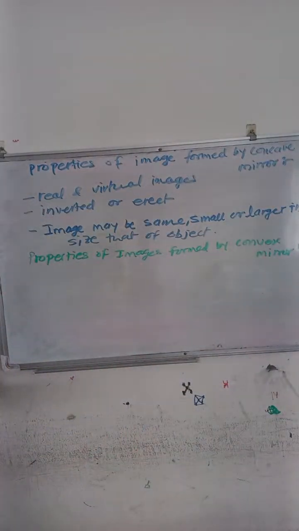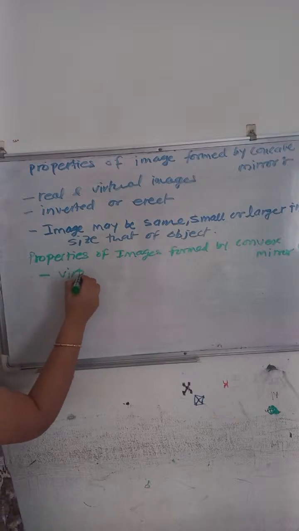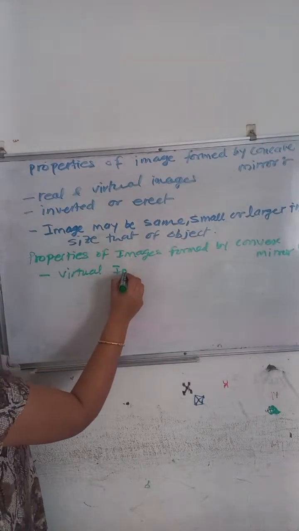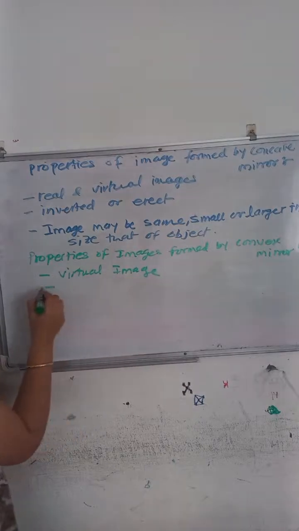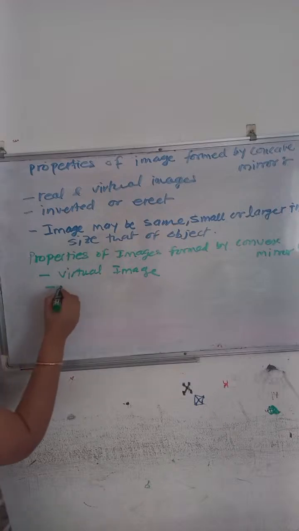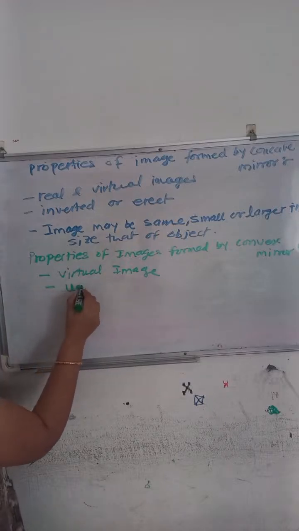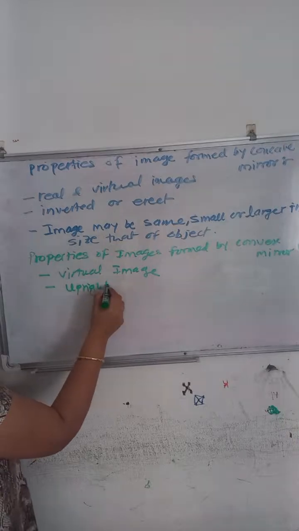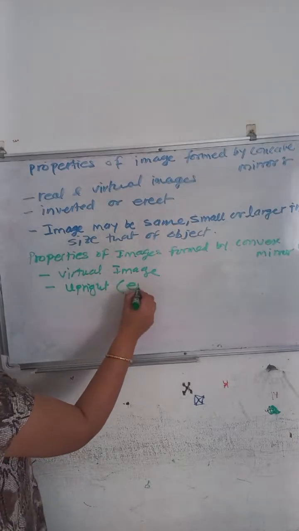Okay, so here they are always forming a virtual image. Here it is real, here it is always upright. It forms an upright image, or we can say an erect image.